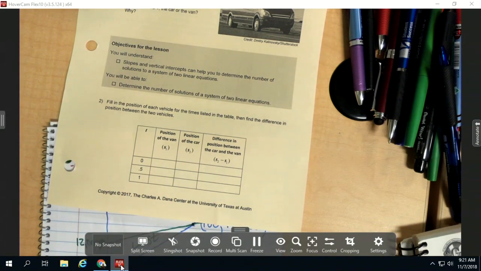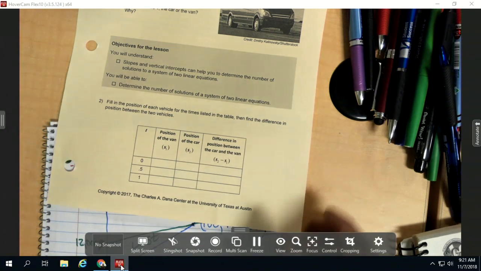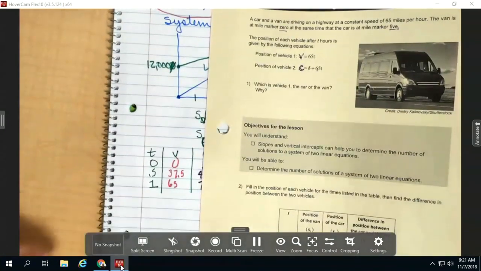Everybody ready? What'd you get for the 3 van positions? All right. 30.